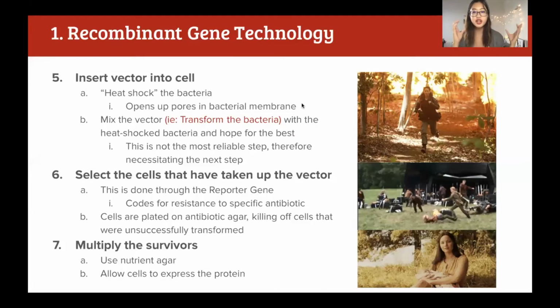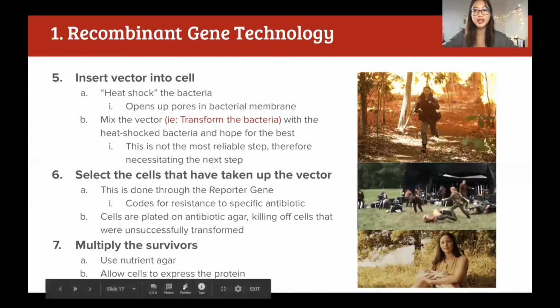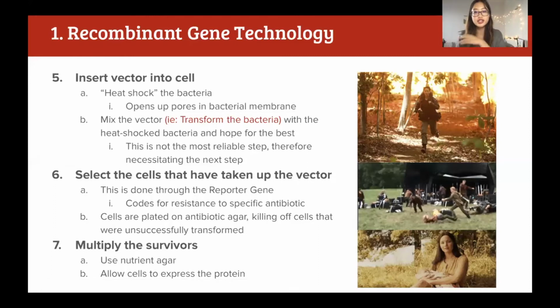But then once you get the cells that survive, you just put them into a safe environment, allow them to multiply and express the protein through transcription and translation also.